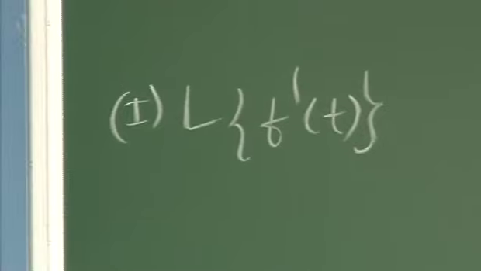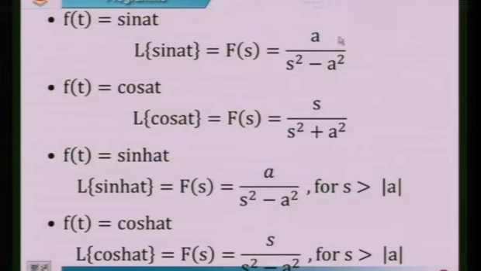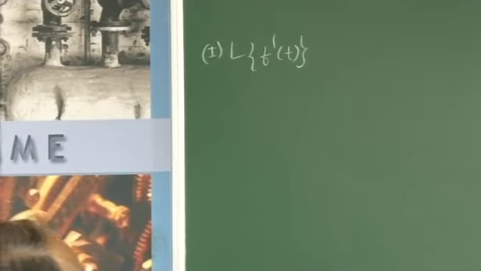As you are seeing, all these elementary functions give results in the form of s when the Laplace transform operator is applied on f of t. Here also I am going to show the same thing: L of f t, then L of f dash of t.